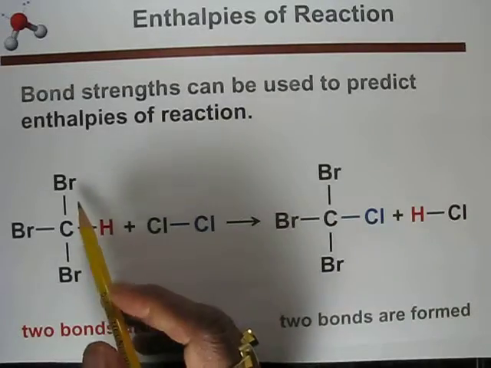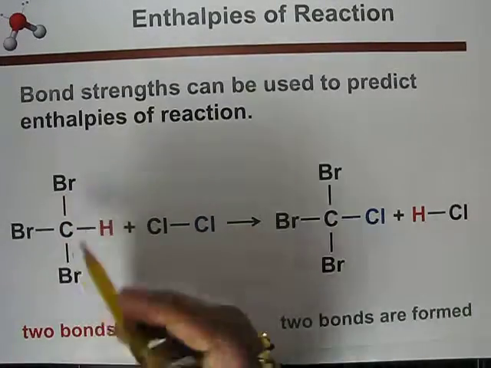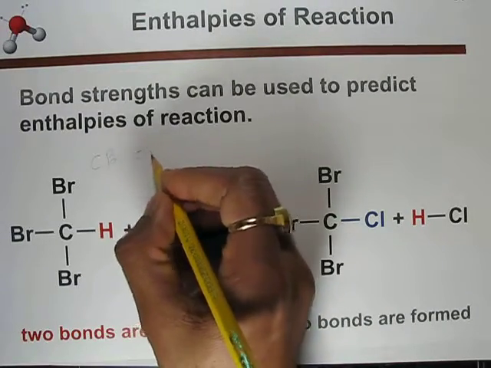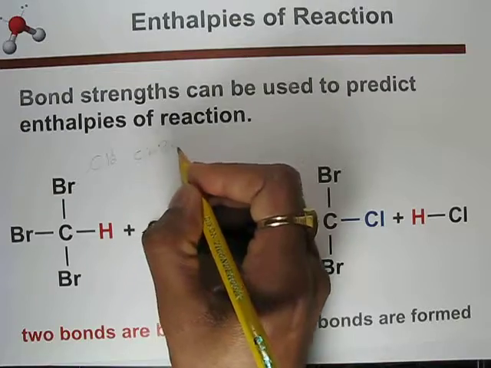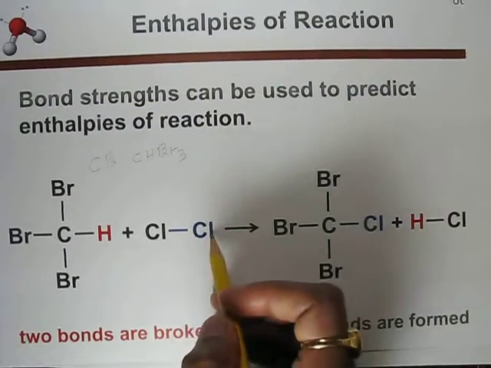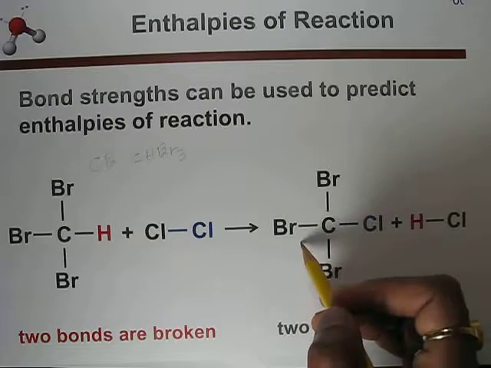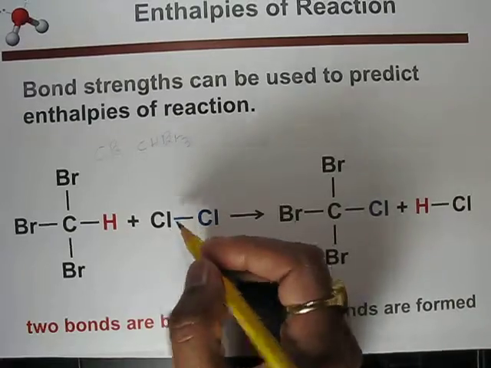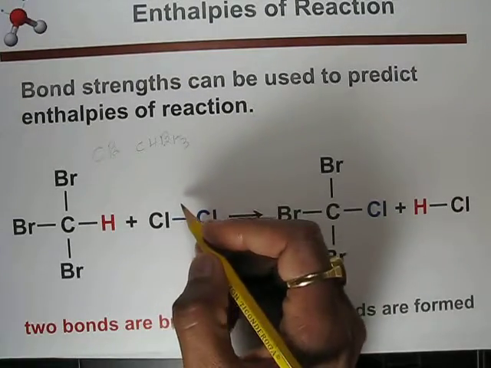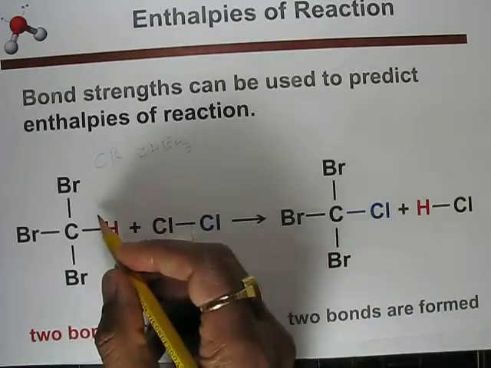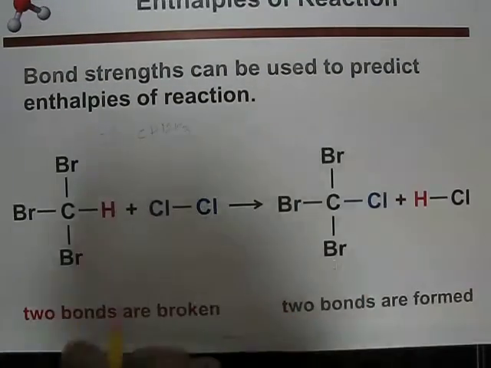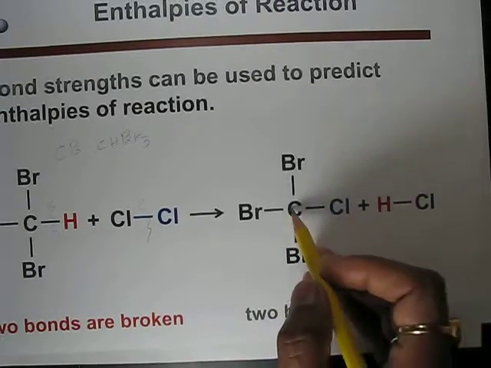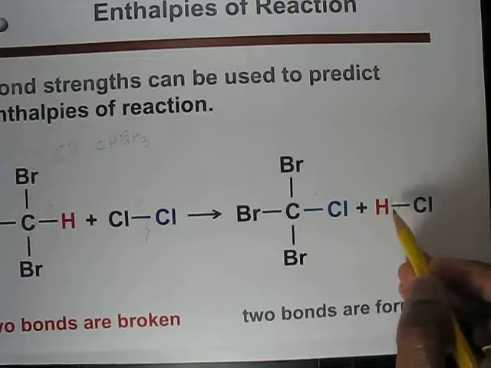This reaction shows CHBr3 reacting with chlorine gas to form CClBr3 and HCl. So what happened here in this bond formation? The chlorine bond broke and the carbon-hydrogen bond broke, so two bonds are broken, and you can see two new bonds are forming: a carbon-chlorine bond and a hydrogen-chlorine bond.